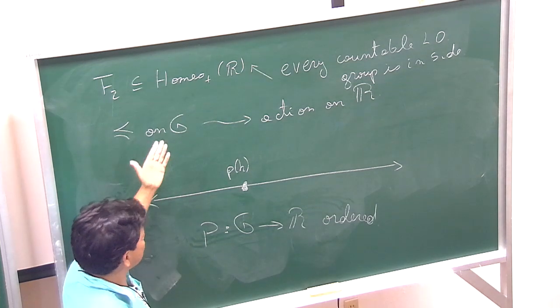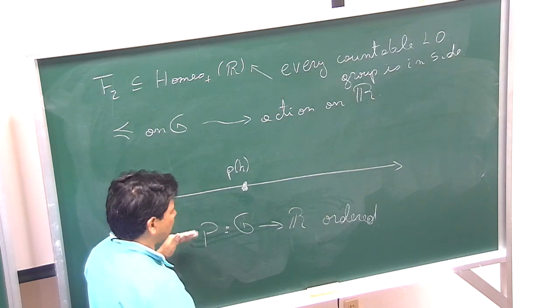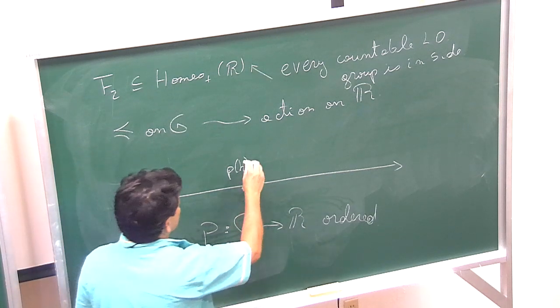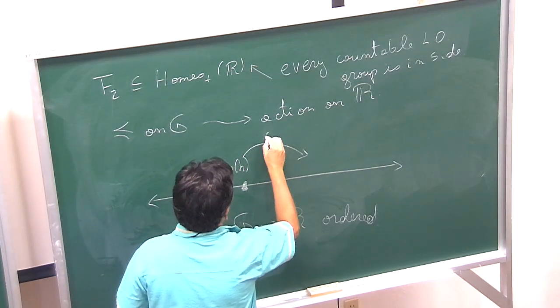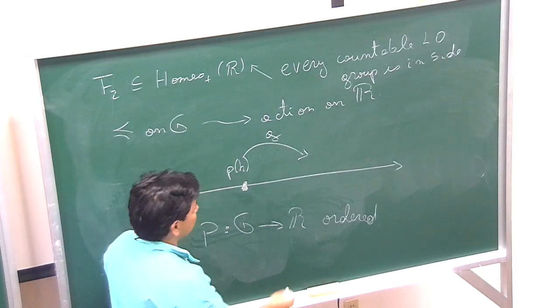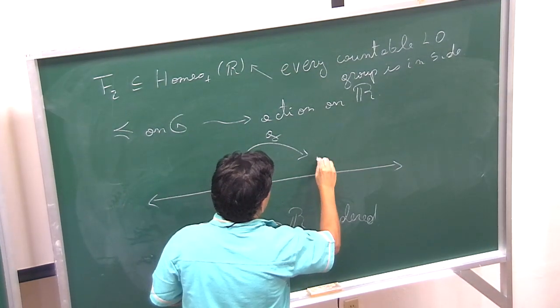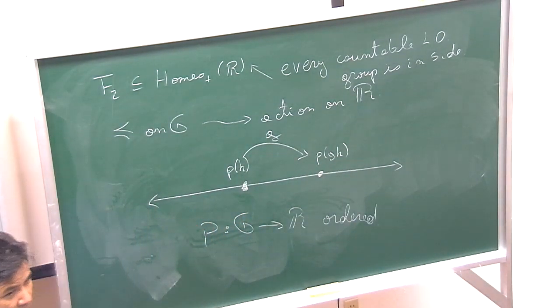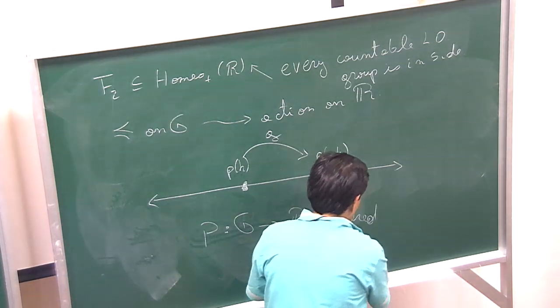If you have a countable group, you just have a countable number of points in the real line. But there is a natural action, which is the tautological action. So g will map P of h into P of gh. And then this is an action which is partially defined, and there is a way to extend it continuously to the real line.